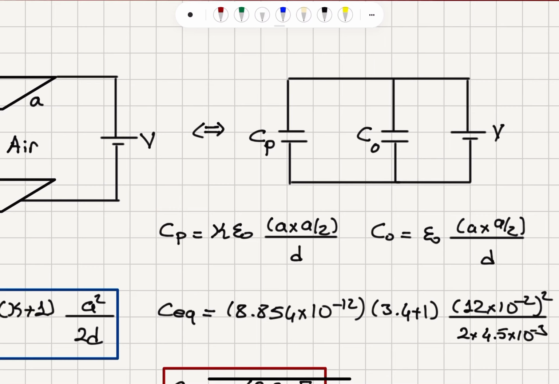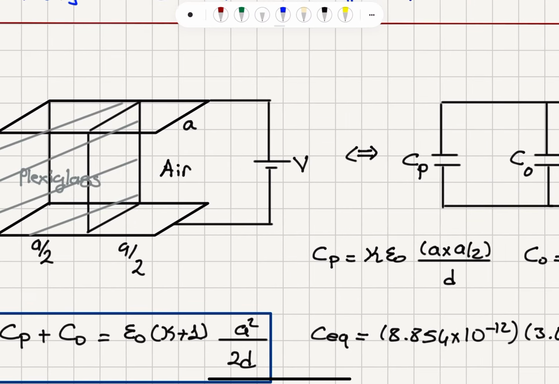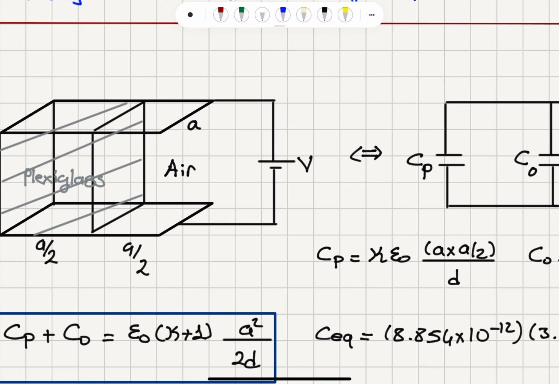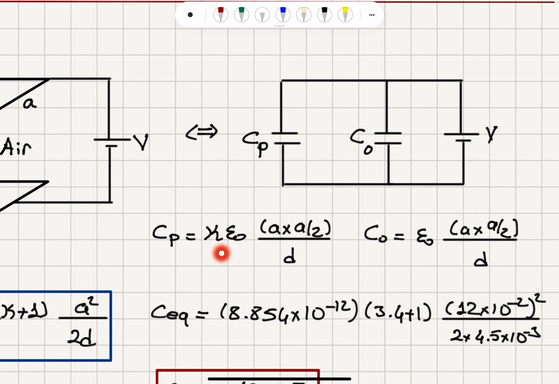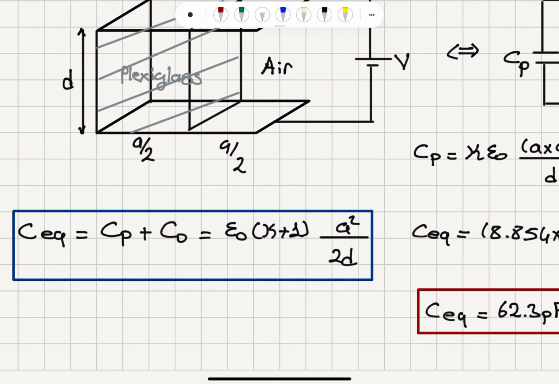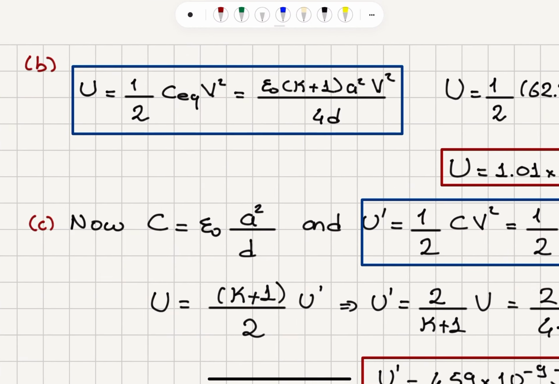For the plexiglass, epsilon 0 is replaced with kappa epsilon 0. And because it's half filled with plexiglass, I have A over 2 and A as the dimensions. So these are square plates. So the capacitance here is kappa epsilon 0 A squared over 2D, but for the air portion it is epsilon 0 A squared over 2D. For parallel capacitors, the capacitance adds up to epsilon 0 kappa plus 1 A squared over 2D.